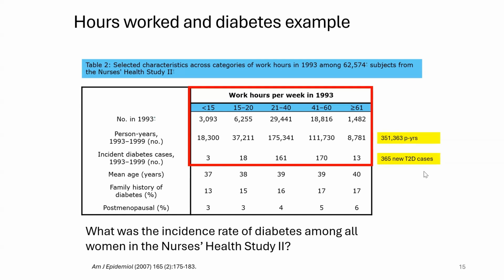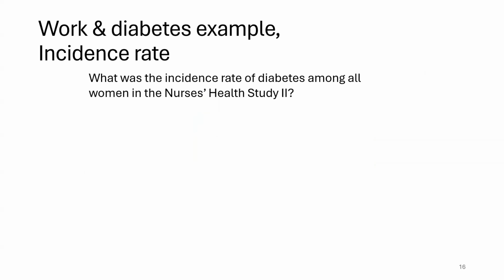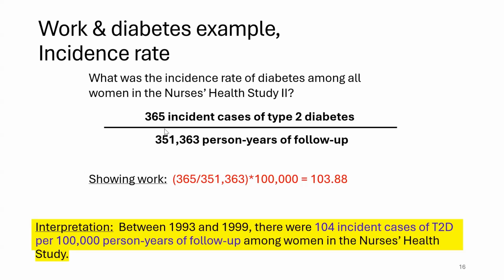So again, I want you to take a moment here to pause the video and attempt to calculate the incidence rate of diabetes among the women observed in this study. So you should have calculated, if you had made the attempt, 365, which was the number of new cases of diabetes, and 350,000 as the amount of time of follow-up, or the amount of time people spent at risk.